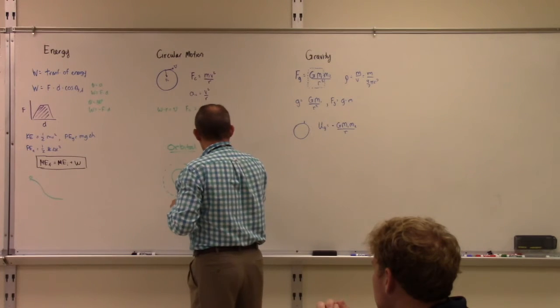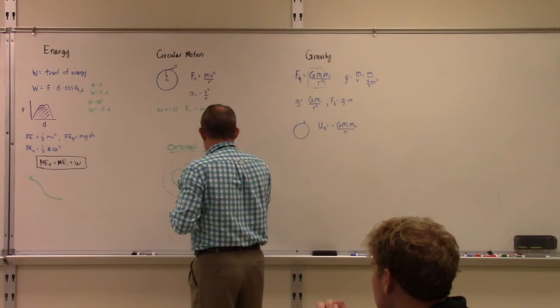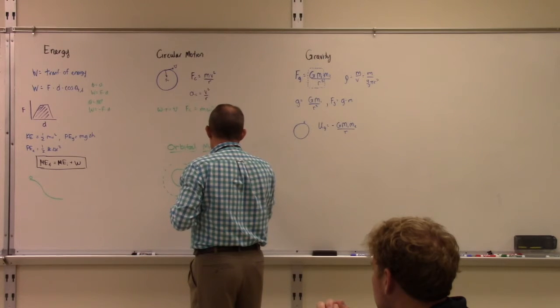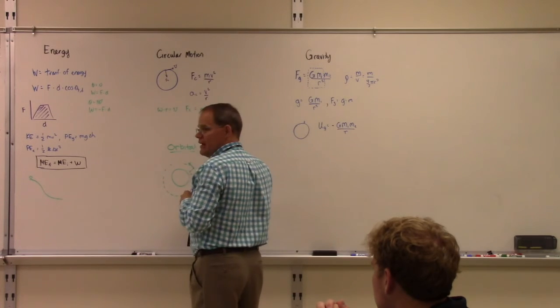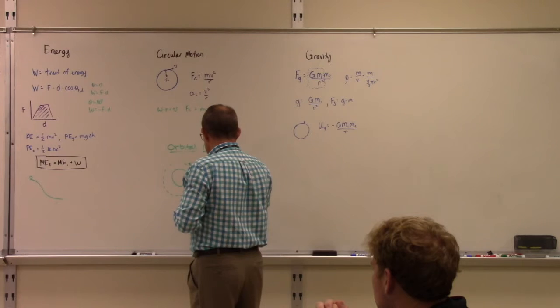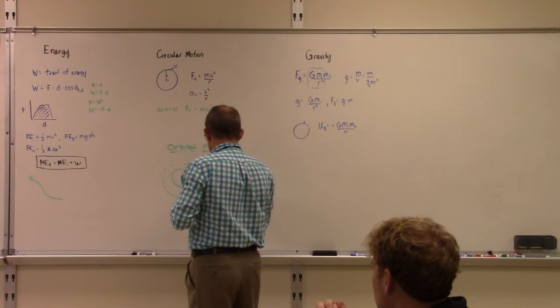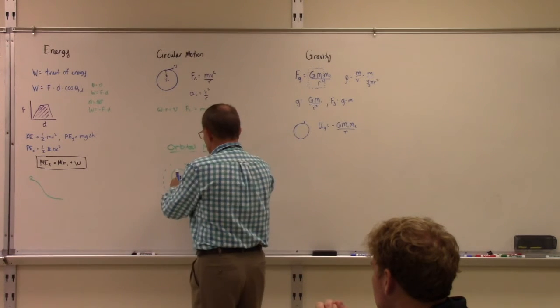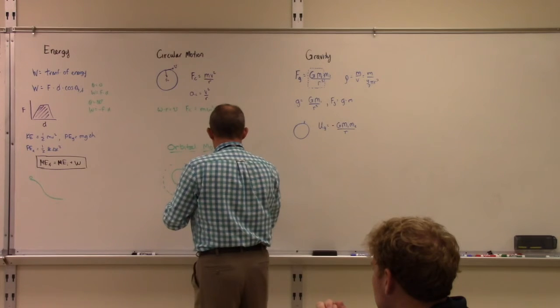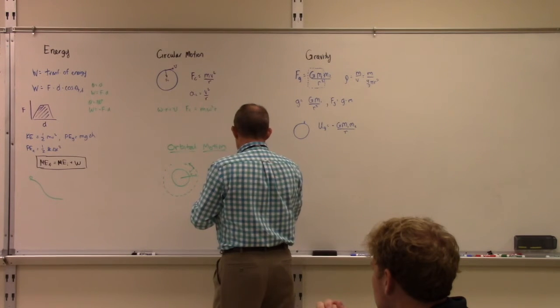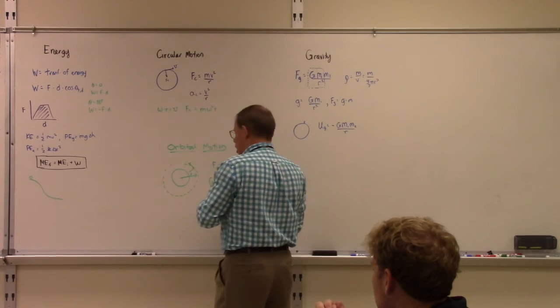Centripetal forces do no work. The big idea here was that the force due to gravity is what is making it move in a circle. That allows you to work out G mass 1, mass 2 over r squared, where r is the radius of the orbit, equals m2 v squared over r.